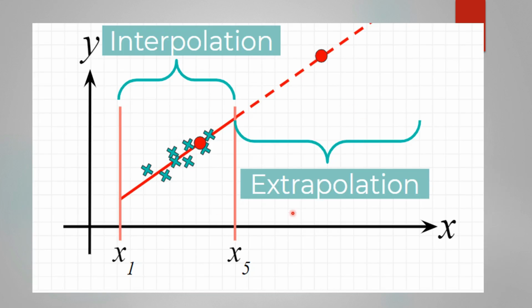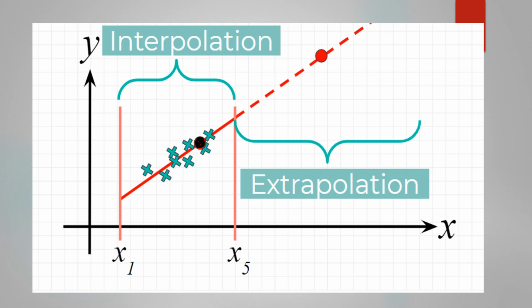The graph here illustrates what we mean by interpolation and extrapolation. First, let's look at the x dots here. The x dots represent your observed data, and the dotted points represent the predicted values.